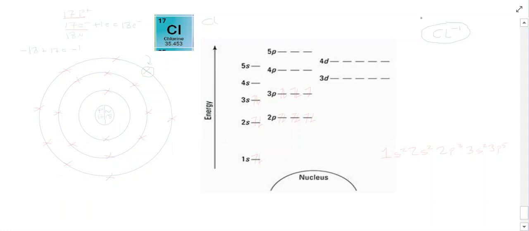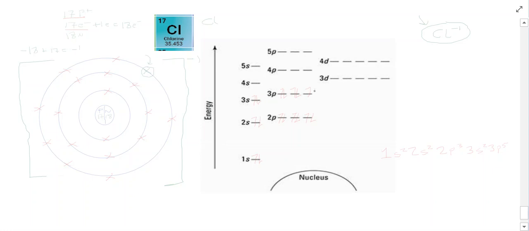So what you will end up with is a negatively charged chlorine ion. So we put this whole thing inside brackets like so, and it's a -1, or a negatively charged chlorine ion. So how does that look on this system?